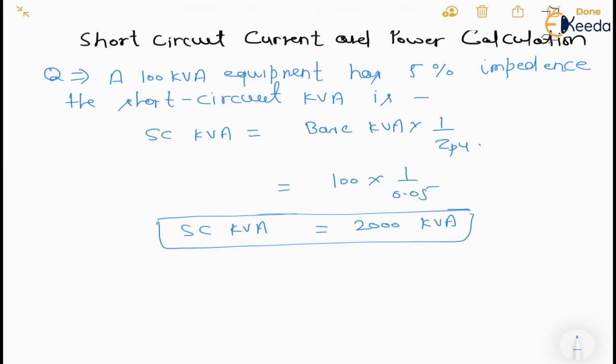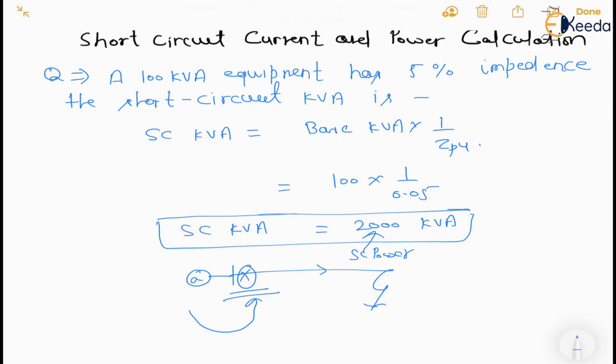And let us assume we have a circuit breaker which has to be designed. We calculated the short circuit power is 2000 kVA, which is flowing through this circuit breaker.